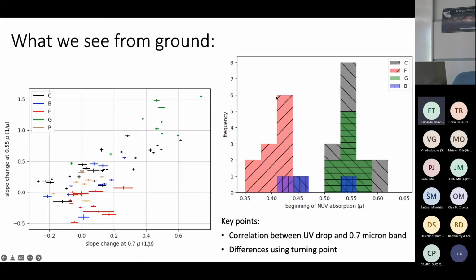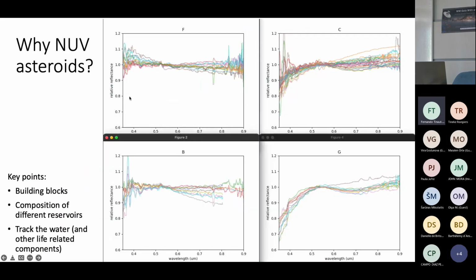And what we have found is a very nice correlation between the slope change at 0.55 microns, that we are going to see in the spectra is around here, how the slope changes from here to here. As you can see, there are different behaviors: positive to negative, flat to negative, and positive to positive also. We can find all of them.